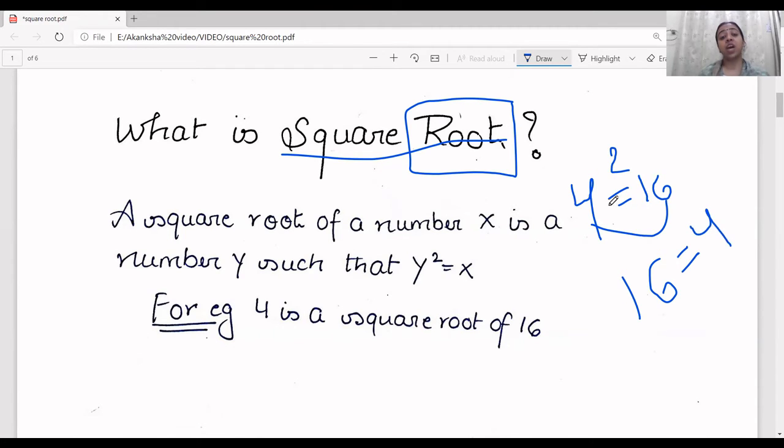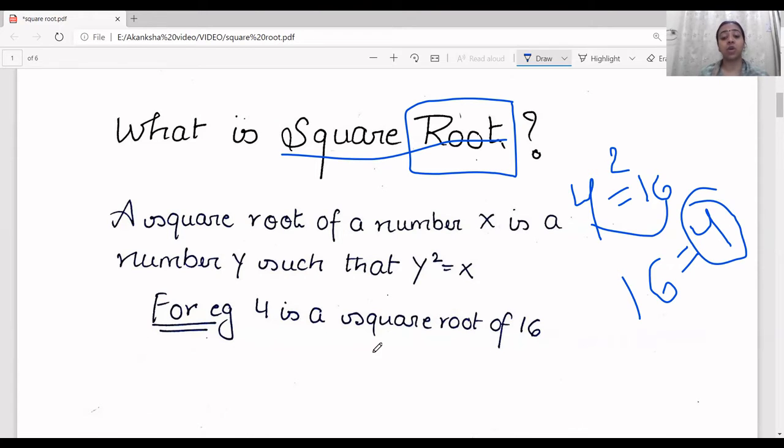Square root means you have to find the number from which the square has been generated. So the square root of a number x is a number y such that y squared is equal to x. Therefore, the square root of 16 is 4.